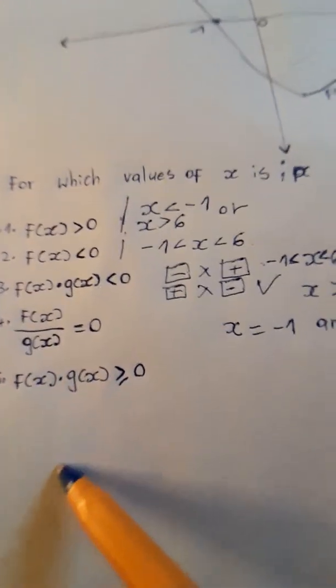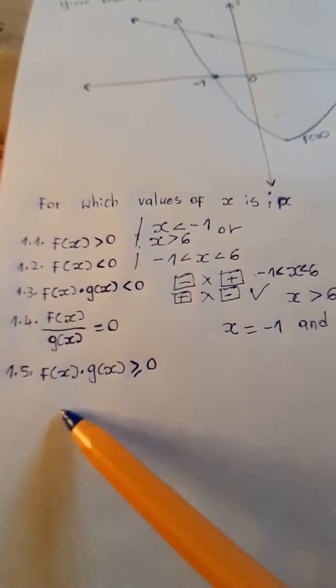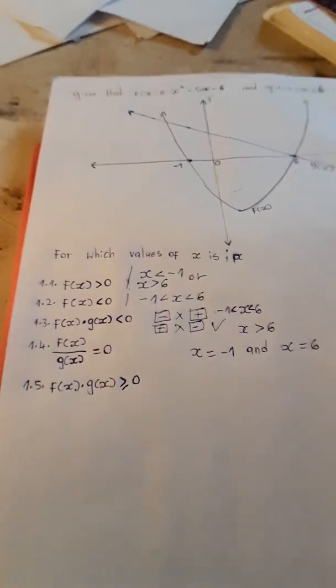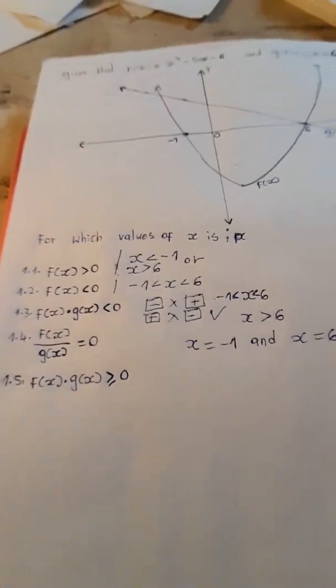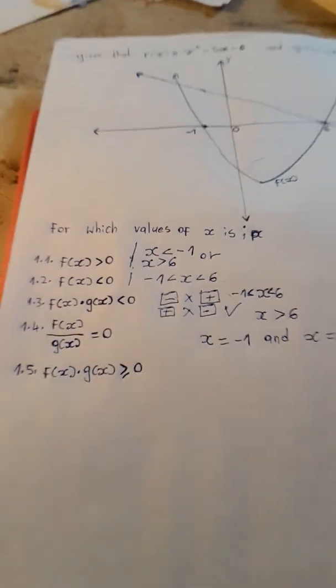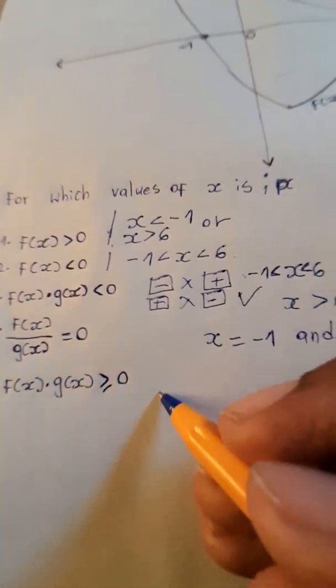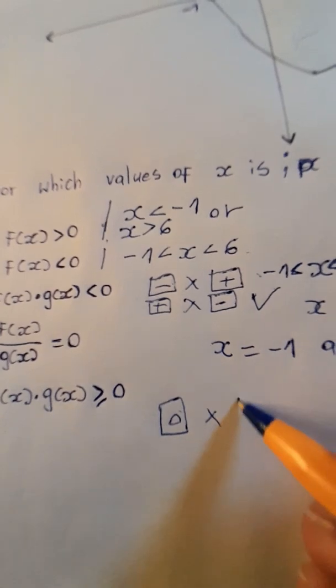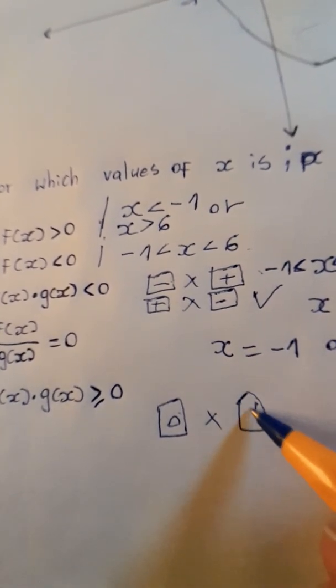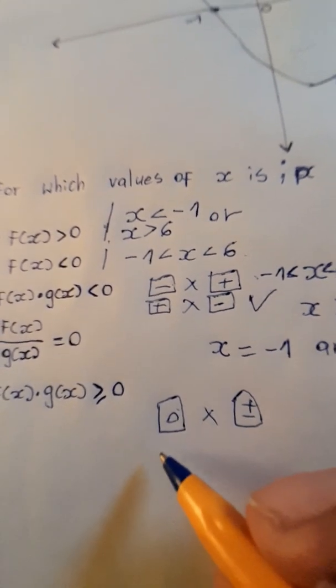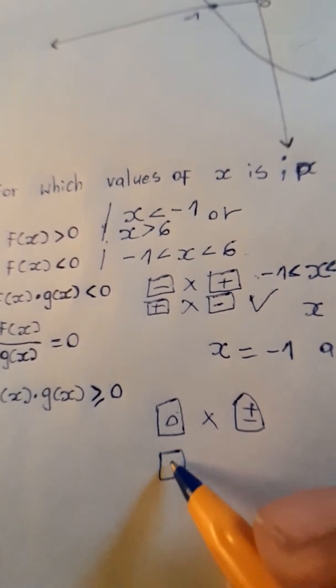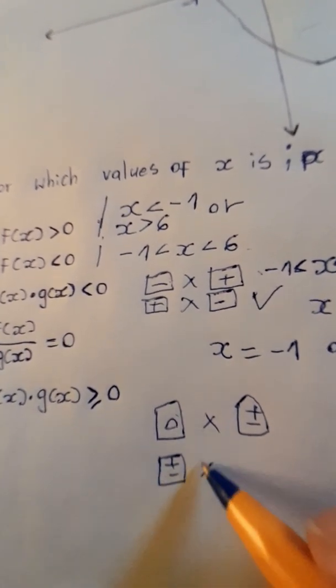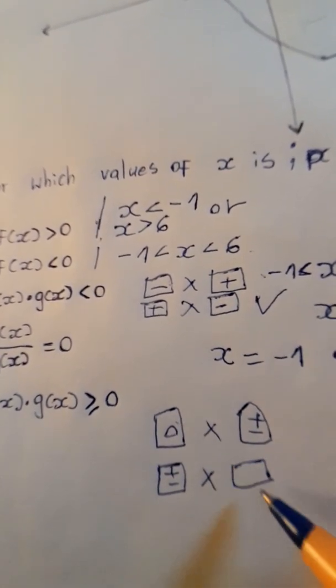And 1.5, for which values of x is f of x times g of x greater than or equal to 0? One function here has to be 0, and the other function can be anything, either positive or negative, or vice versa, times 0.